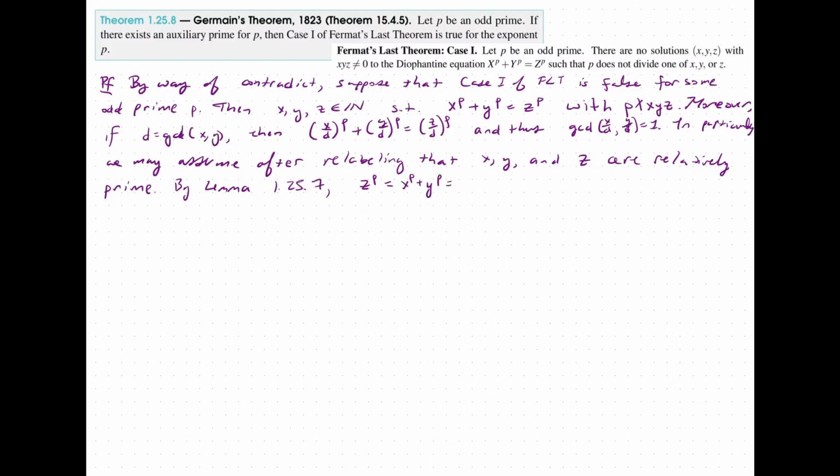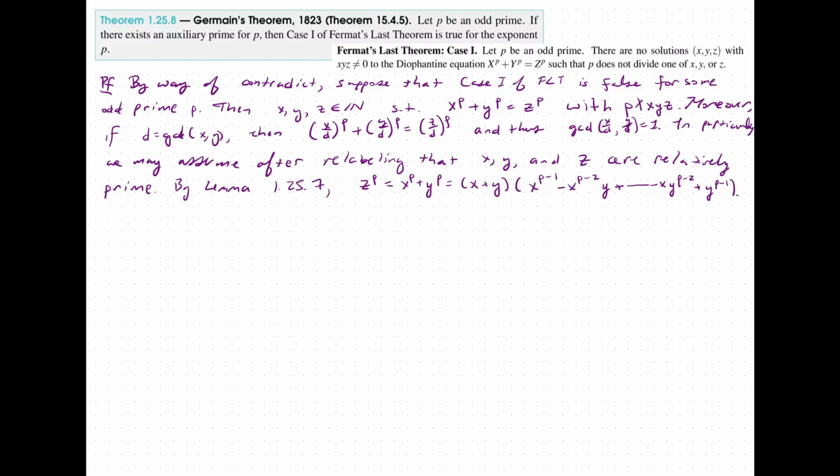That is going to be x plus y, and then we're going to have the product x to the p minus 1 minus x to the p minus 2 times y, and then we're going to just continue on in this way as we had in the lemma, x to the p minus 3 y squared, and so on, y to the p minus 2, and then finally y to the p minus 1.